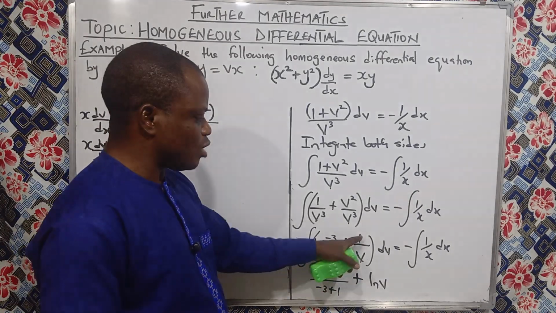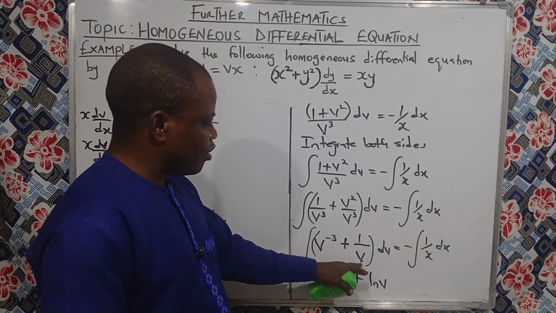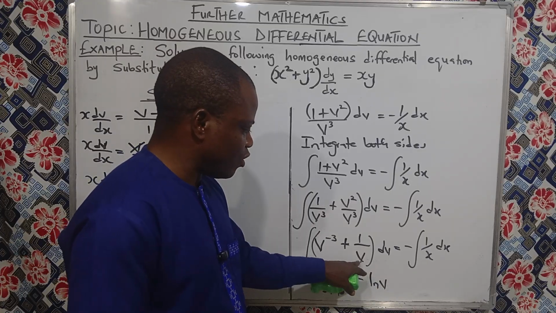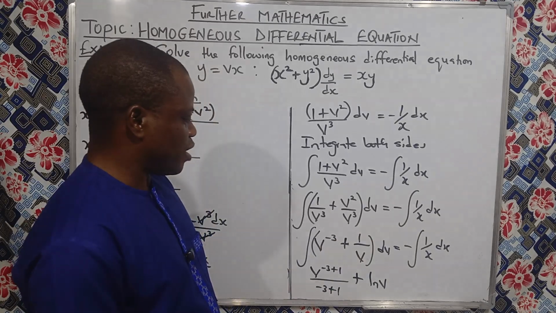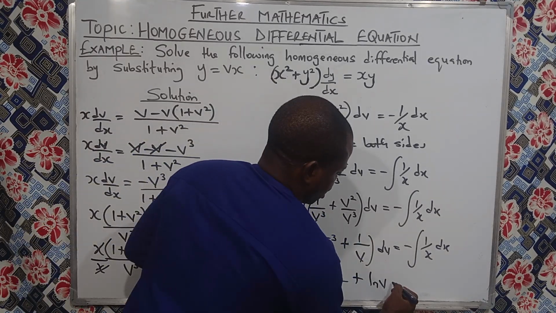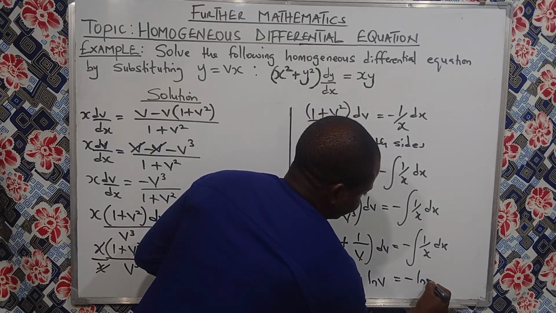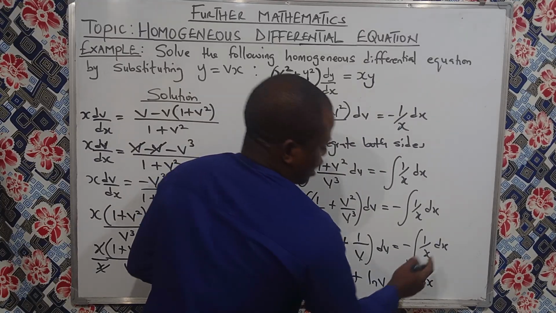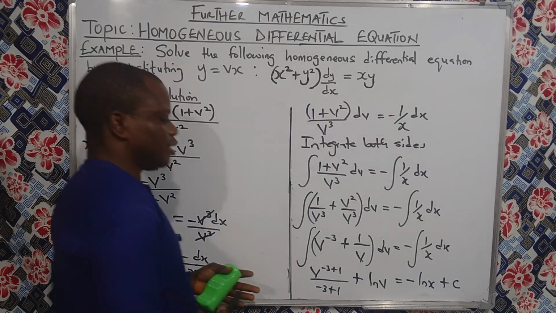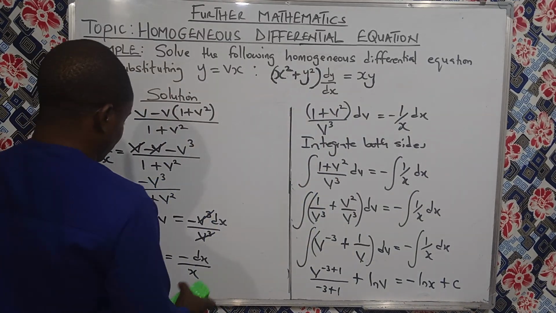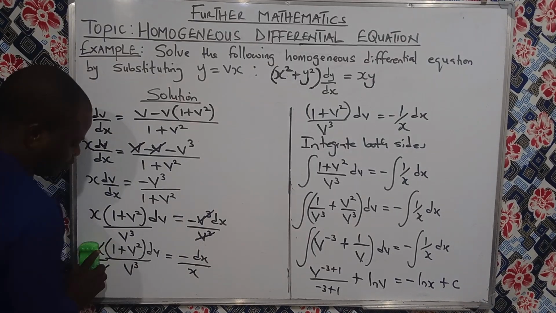When you differentiate ln v, you have 1 over v. But in this case, if you are looking for the integral of 1 over v, just write ln v. Now you equate it to minus ln x. At the right hand side, when you put ln x, you now add your constant, plus c.